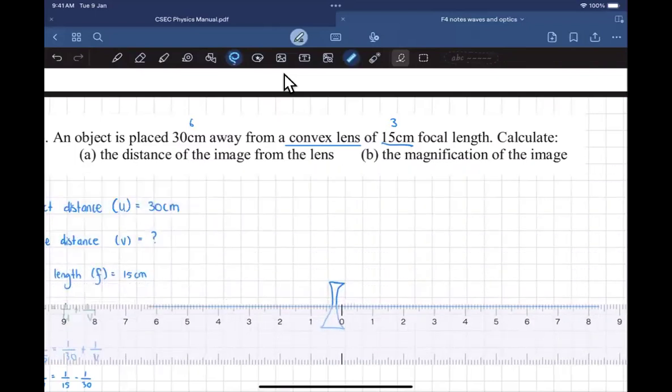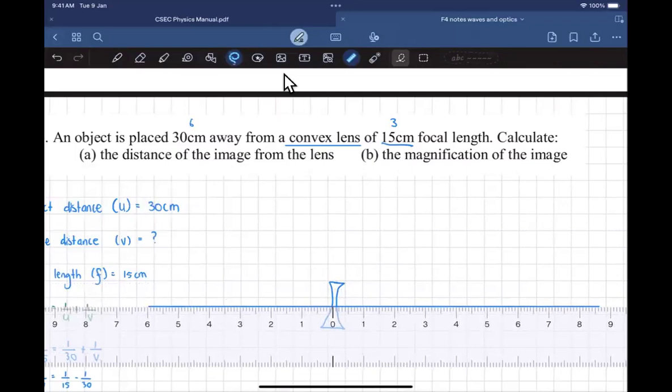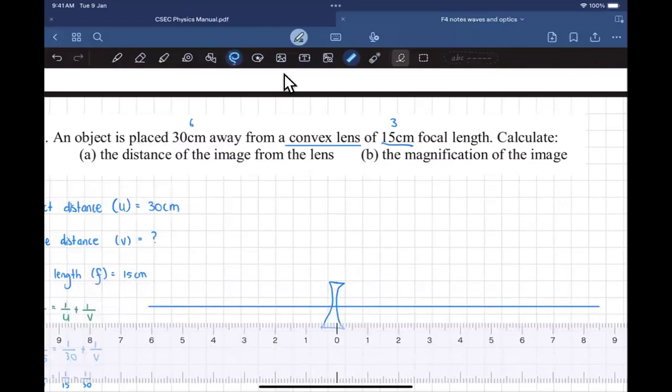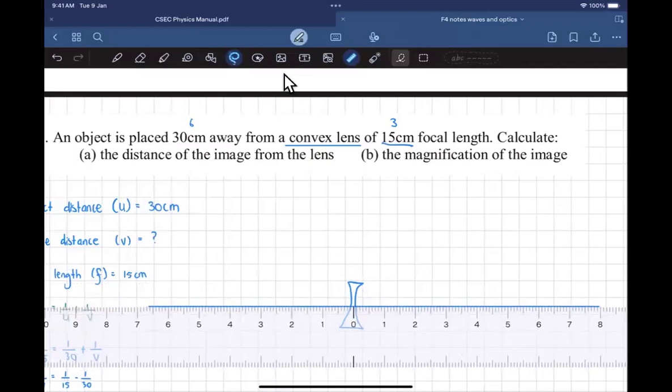So my object is 6 centimeters in this case. I will have to shift this in here. So my object is over here.